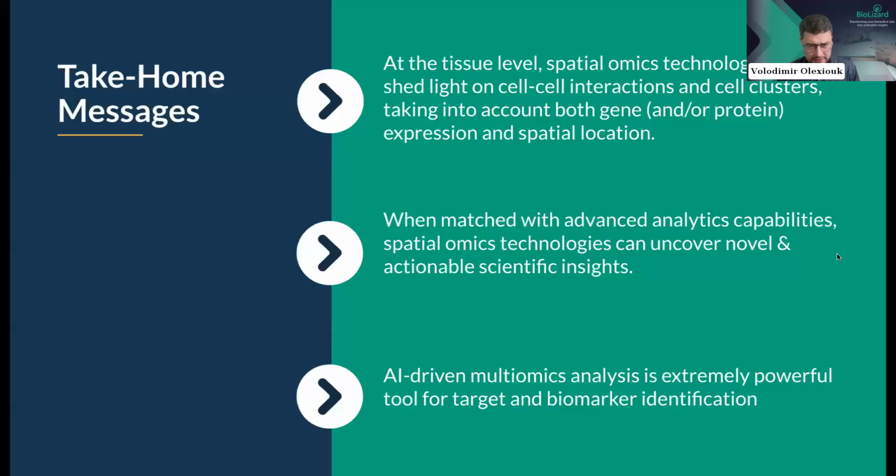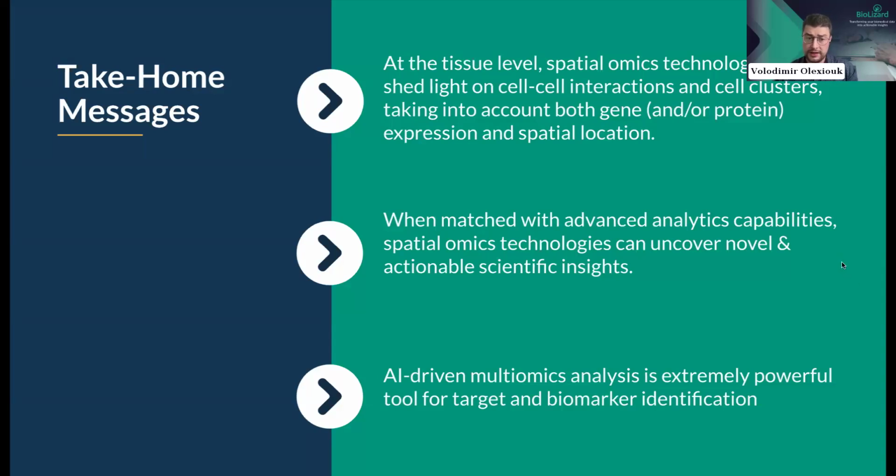So on the last slide, there are a couple of conclusions just to summarize Slava's and my work. The first one is that spatial technologies can really bring an additional layer of information which can deliver new insight. Secondly, we need advanced analytics and AI tools to make sense from that data, to understand what is happening, and to show us what is important within that data and distinguish it from noise.